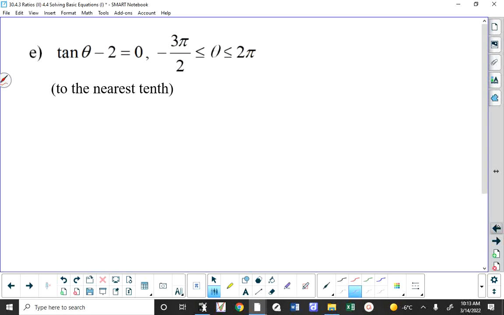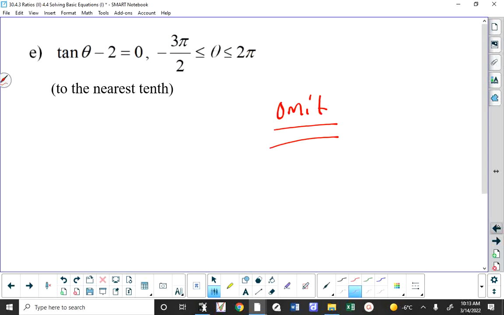I'm omitting E. It's not that you shouldn't learn how to do this. You probably could figure it out. But I made a decision this semester to take some of those questions that are very rare that they would appear on the diploma exam and not include them.